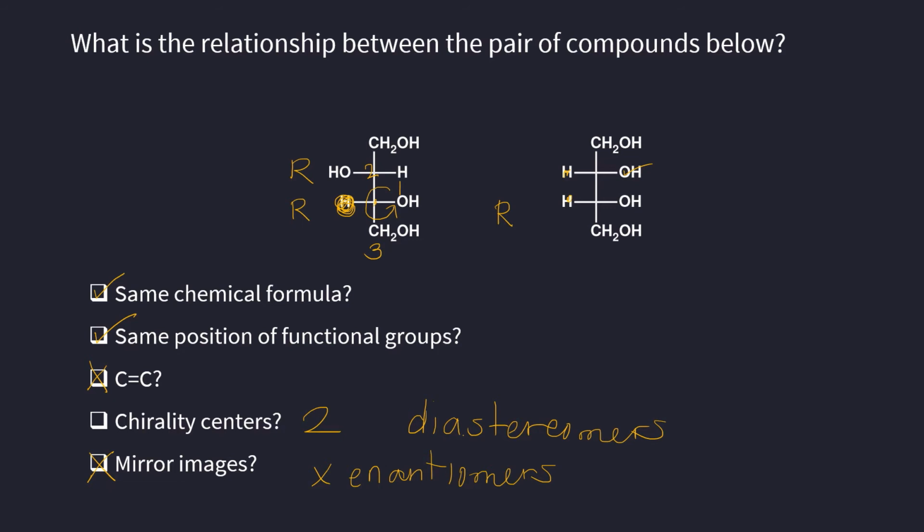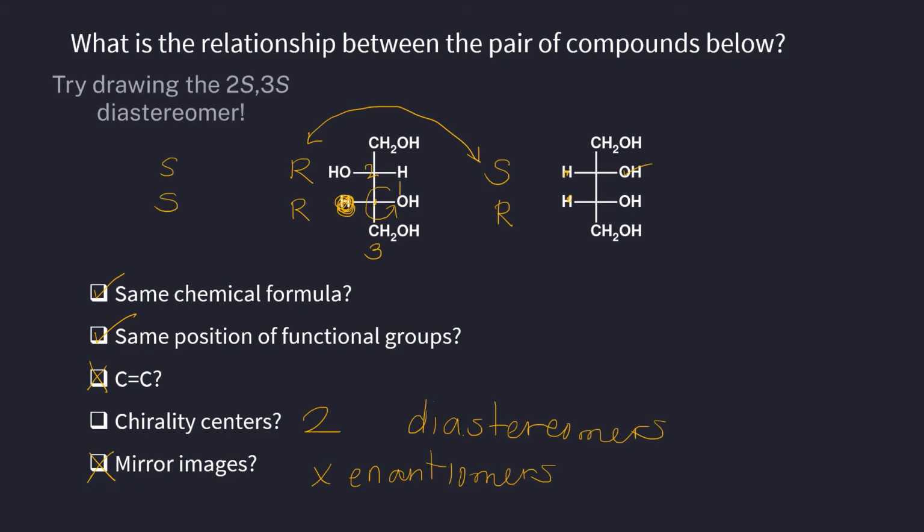And you can verify for yourself that this is an S configuration. So this R carbon has been changed to an S carbon, and therefore we have a pair of diastereomers. If this were the enantiomer of the RR molecule, then we would have an SS molecule.